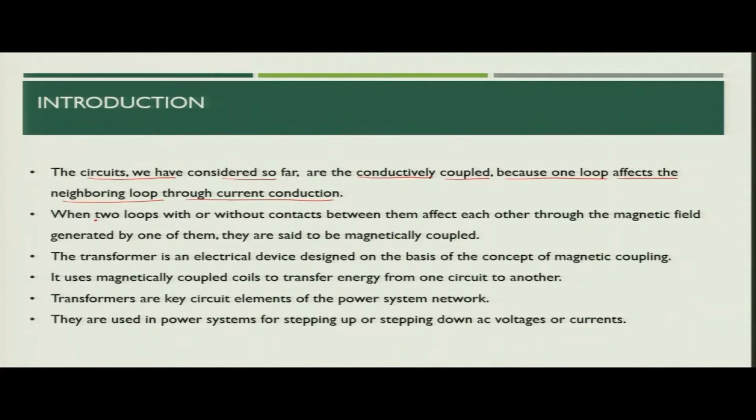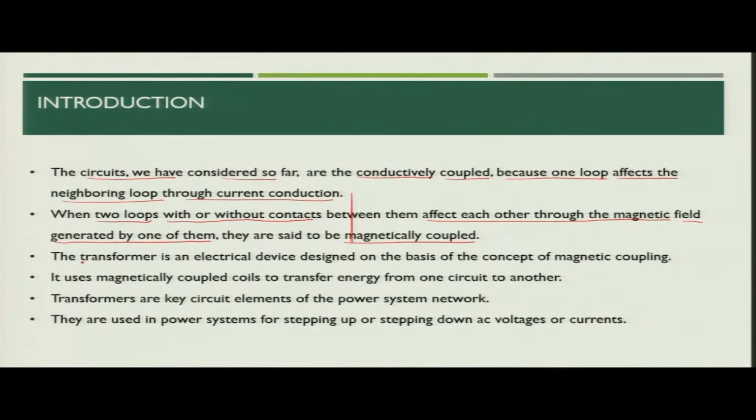Now, in this case we will see two loops which may or may not be connected electrically, but they are coupled together through the magnetic field generated by one of them. In those cases, when we see those kinds of circuit combinations, we call them magnetically coupled circuits.